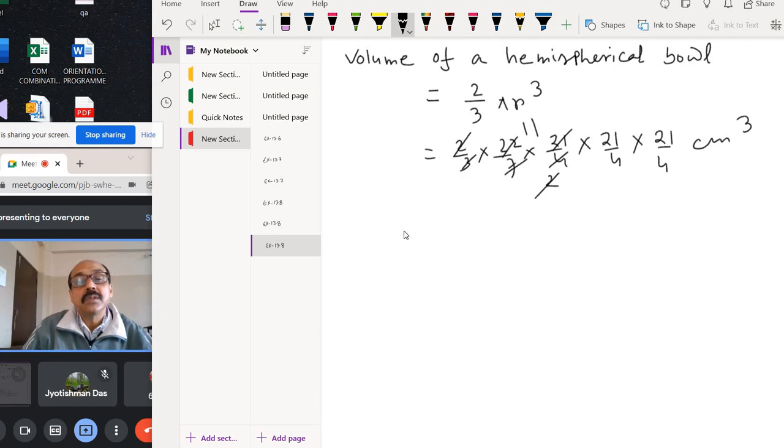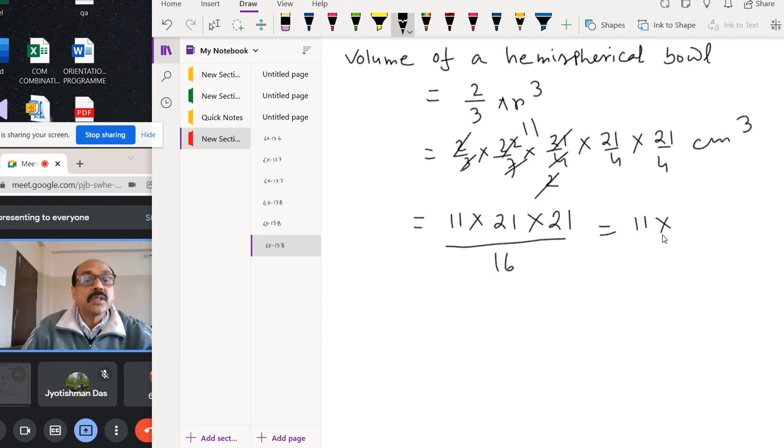So this equal to 11 into 21 into 21 divided by 4 into 4, 16. This equal to 11 into 441 by 16.